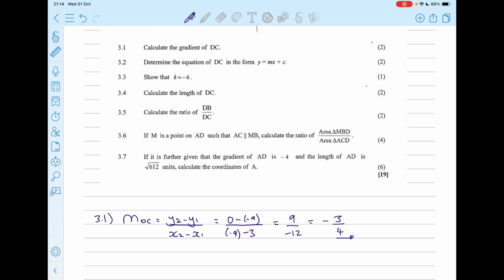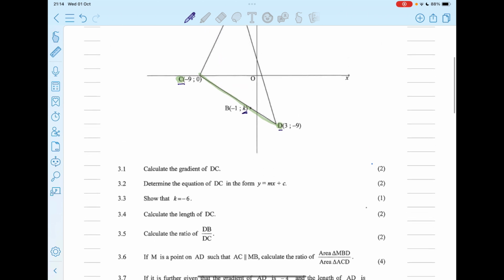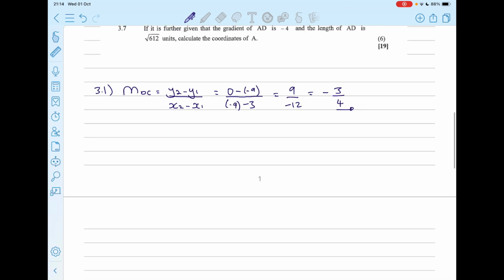So that's the gradient of line DC. In 3.2, they ask us to determine the equation of that same line DC. So now we can pick one point to substitute in. I'm going to pick C because it has y being 0. So let's do that. So 3.2.